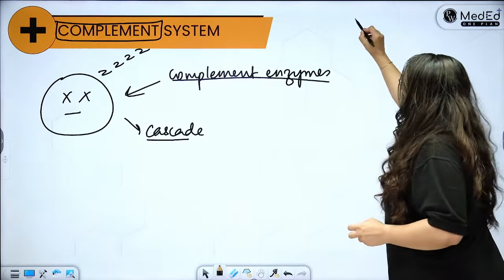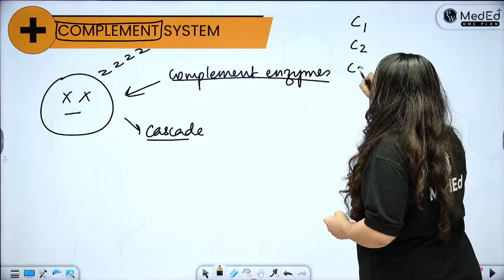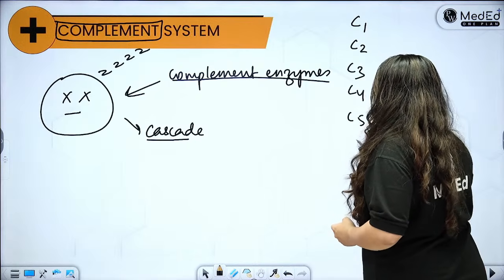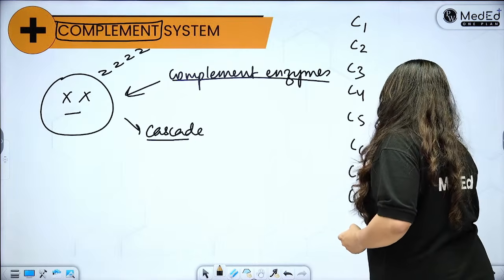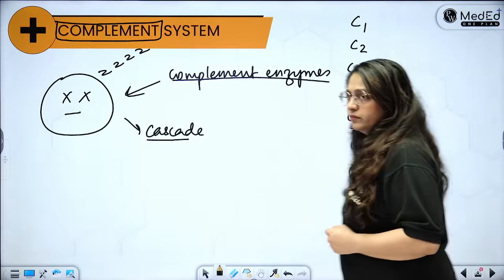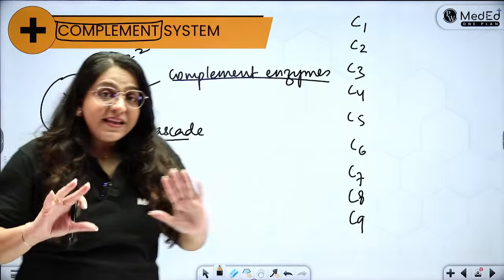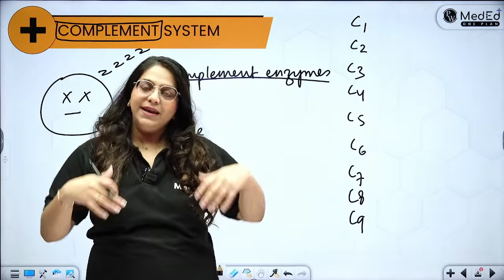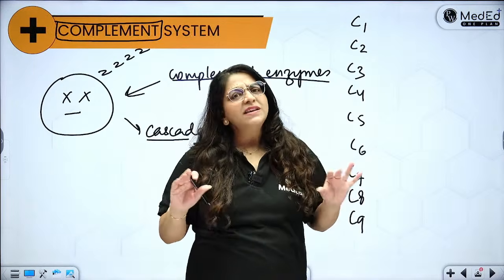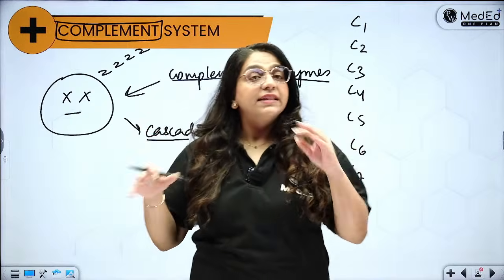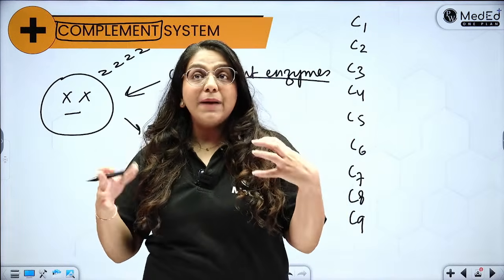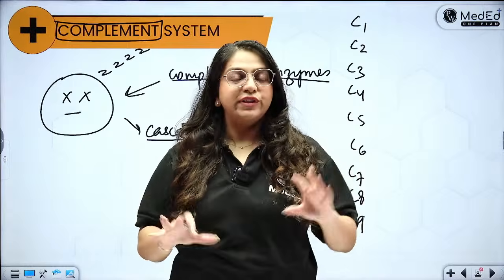Nine. You have C1, C2, C3, C4, C5, C6, C7, C8 and C9. These are 9 complement enzymes which are always floating in our blood. They are inactive, but they are always floating about. It's not that something will happen and then they will come. No, they are always floating.